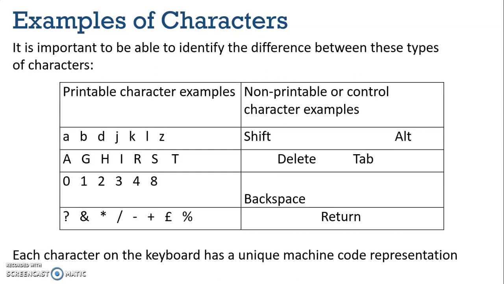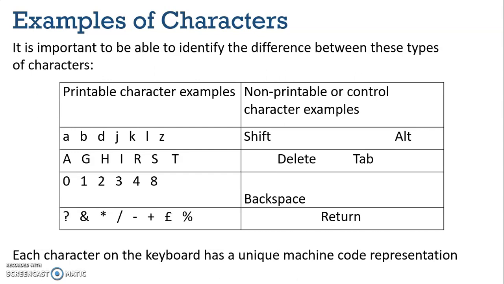On the right hand side of the table then is what is known as non-printable or control characters, and these are things like Shift, Alt, Delete, Tab, Backspace, and Return. The reason they're called control characters is simply because you control the text when you click those. So if we take Return for example, you can move and manipulate the text, but it doesn't actually print anything onto the screen, therefore it's referred to as a non-printable or control character.